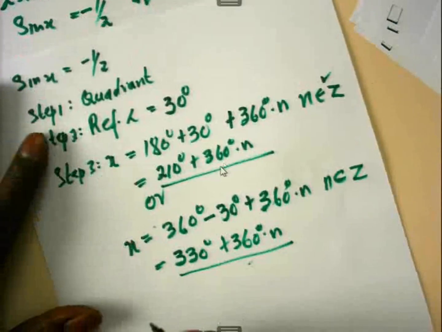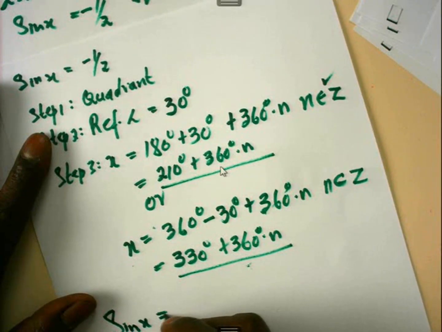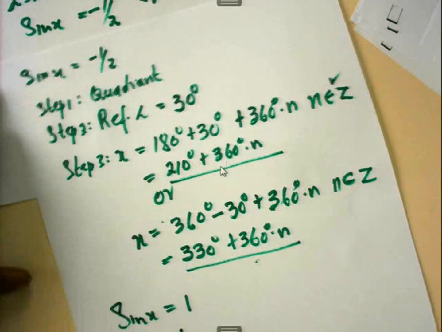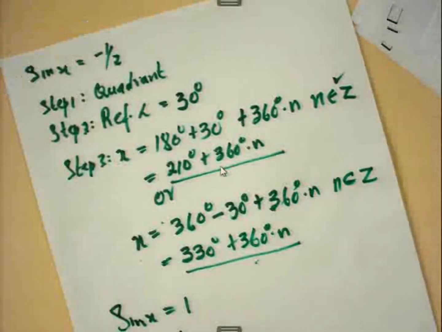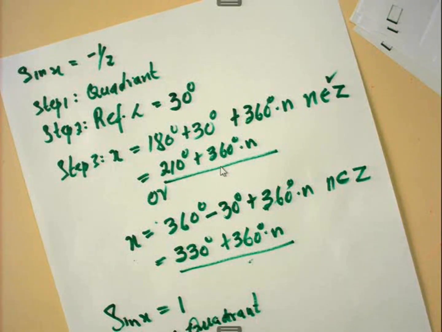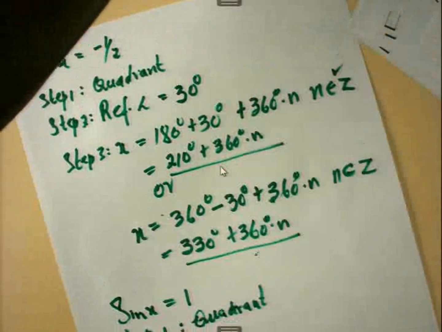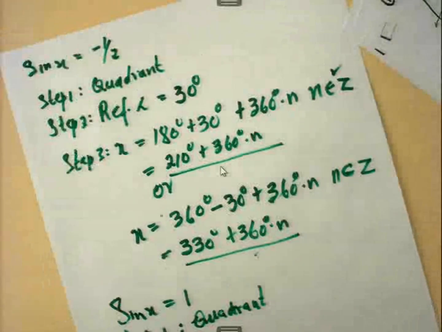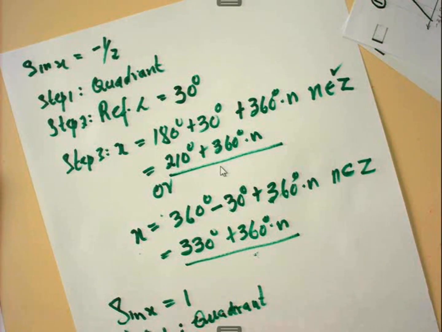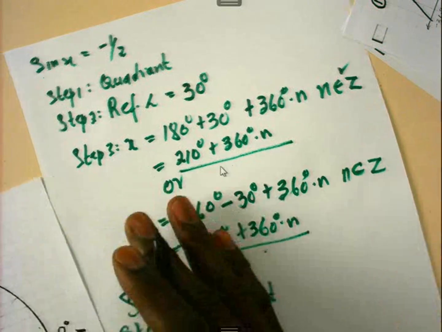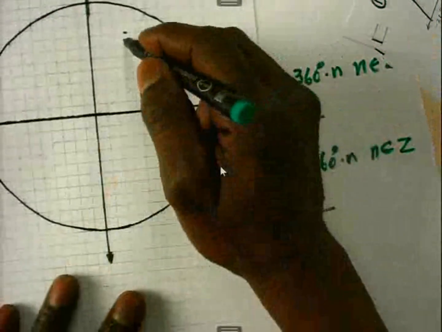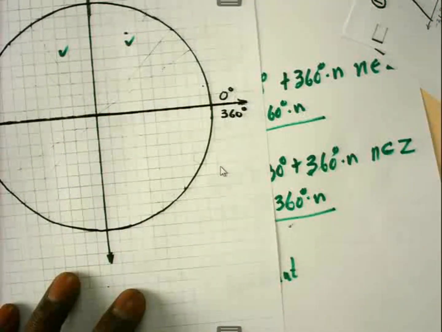So for sine x is equal to 1, step 1, we've got to find out the quadrant. This seems to be a funny problem. The ratio is positive. Now, in which quadrants is sine positive? That must be in the first and the second quadrant.